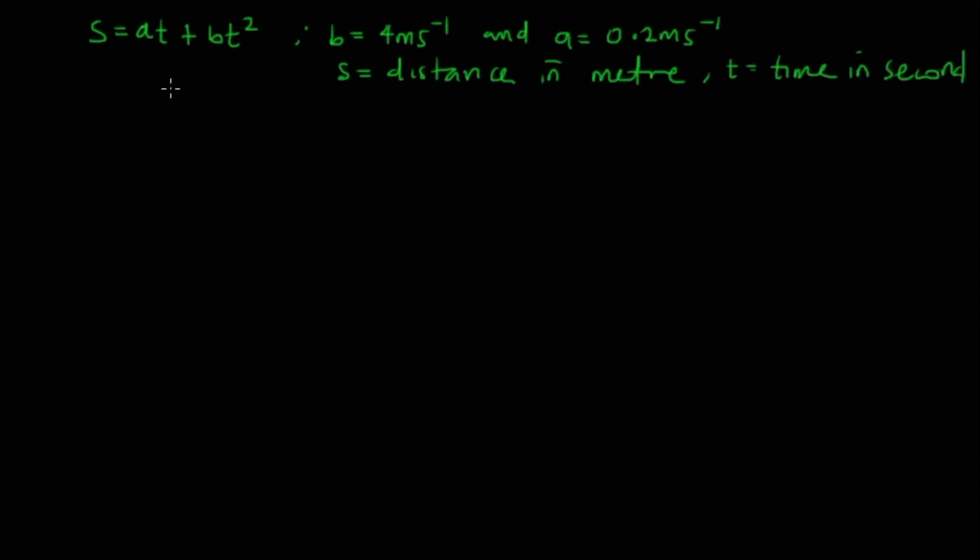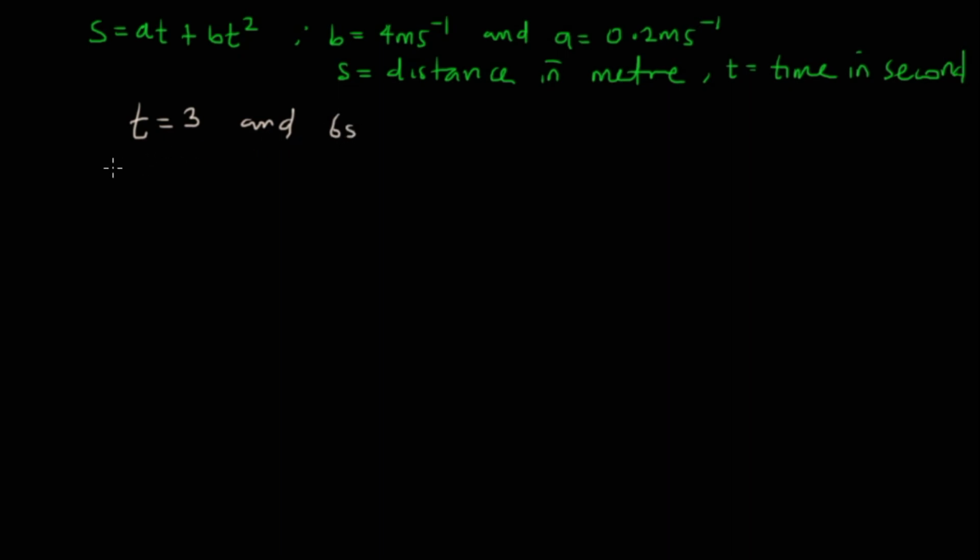Let's say the motion of an object is described by this equation: s equal to at plus bt squared, where a is 0.2 meter per second, b is 4 meter per second, s is the distance in meter, and t is time in second. Let's find the displacement between the time interval of, let's say, 3 seconds and then 6 seconds.